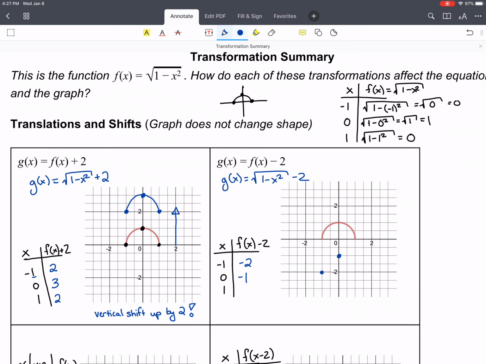And when x is 1, instead of outputting 0, I output 0 minus 2, which is negative 2. And so you can see this is the same graph, same shape, shifted down by 2. All of my outputs have shifted.